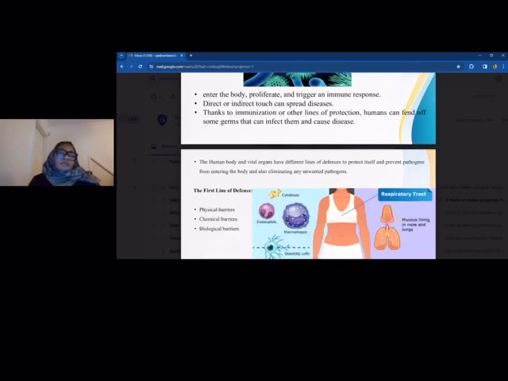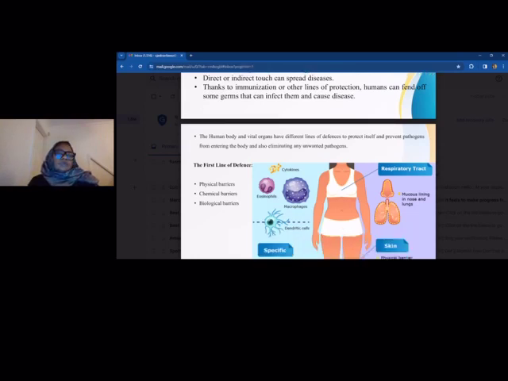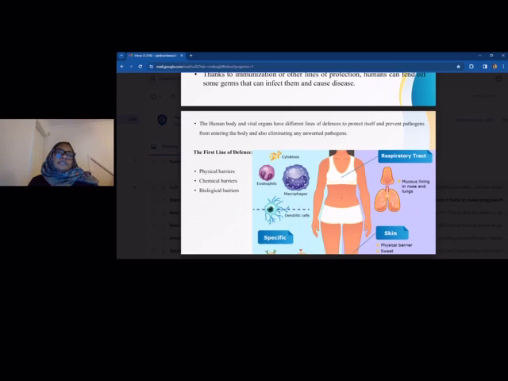So moving on to the next slide, which is slide 4, which is showing us the human body and the vital organs, which have different lines of defense to protect it.